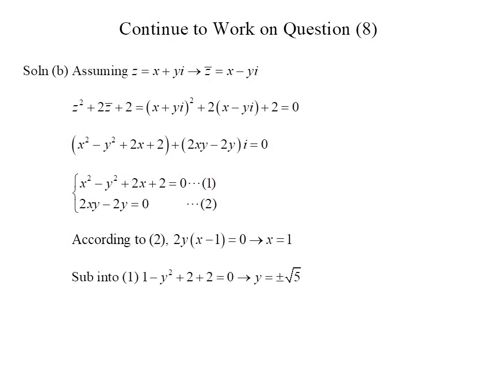After the calculated x value is substituted into the first equation, y values are obtained, which equal plus or minus square root 5. Hence, z1 equals 1 plus square root 5 i, z2 equals 1 minus square root 5 i.